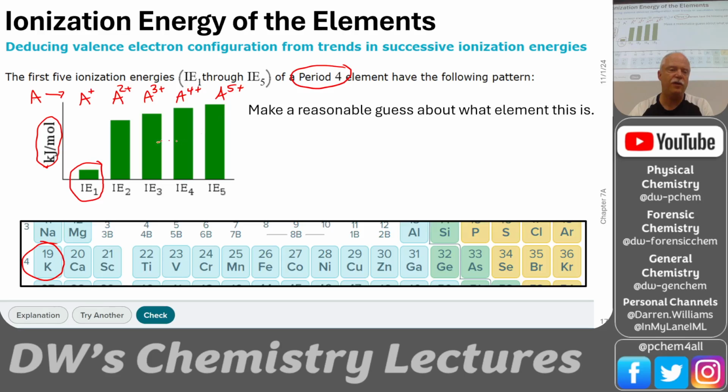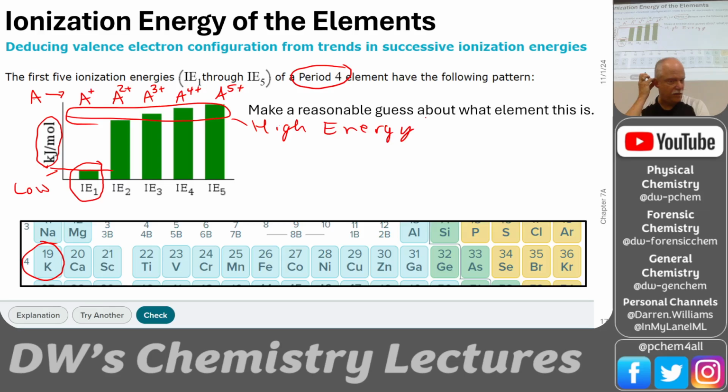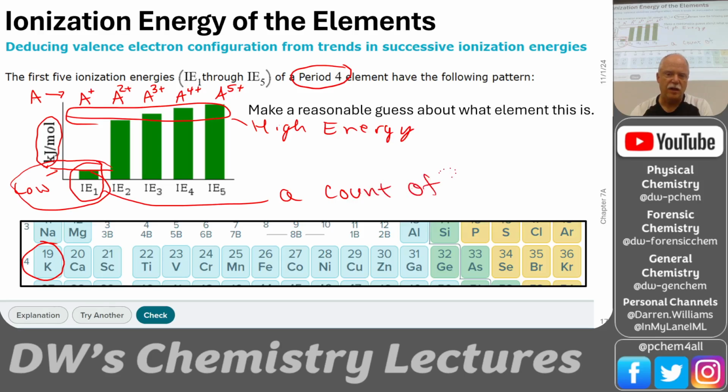So what you're looking for in these problems with ALEKS, you've got a low energy and then high energy. And so the low energy ionization is really a count of the valence electrons.